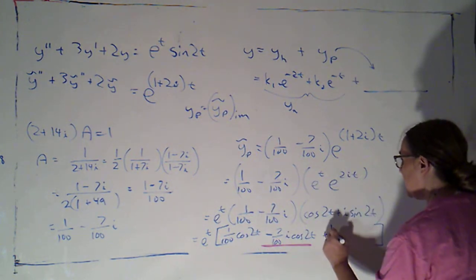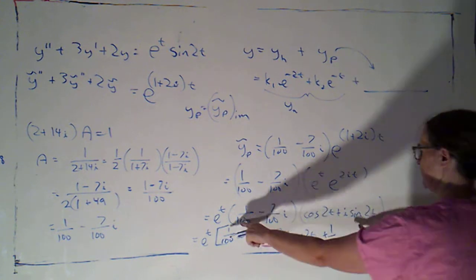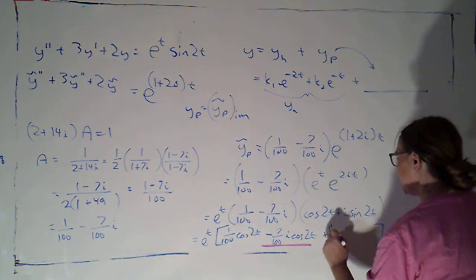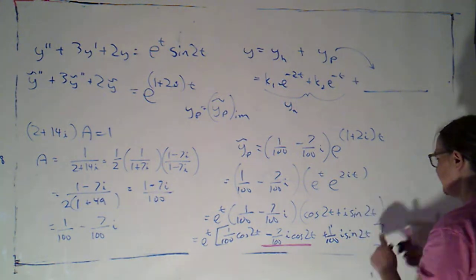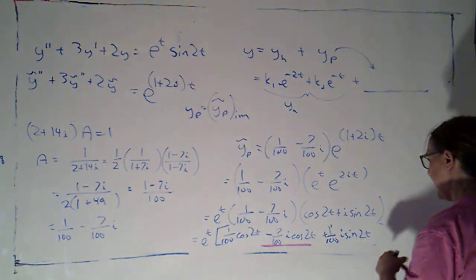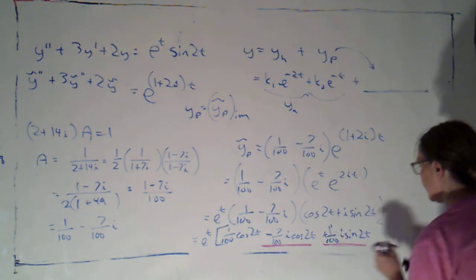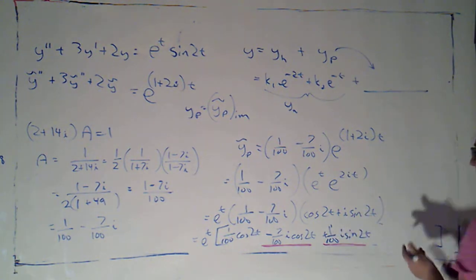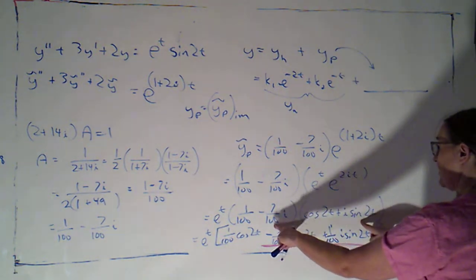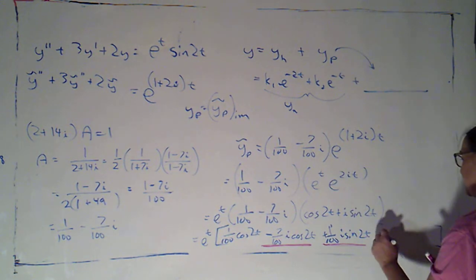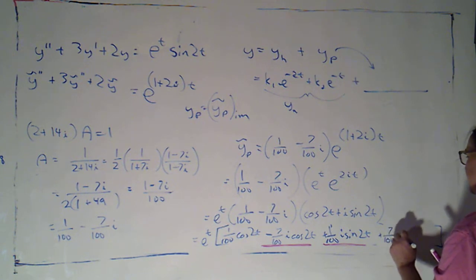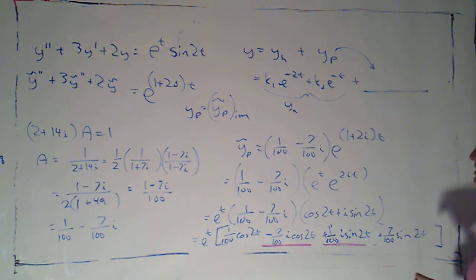Plus 1 over 100i times sine of 2t. Definitely like that because that's contributing to the imaginary part. Okay. And then here I'm going to get negative 7 over 100 times i squared, which is going to become plus 7 over 100 times sine of 2t. Don't particularly care because that stuff is real.